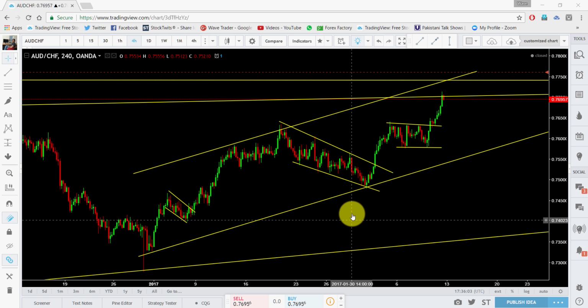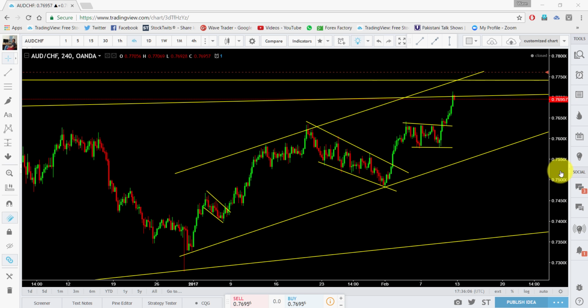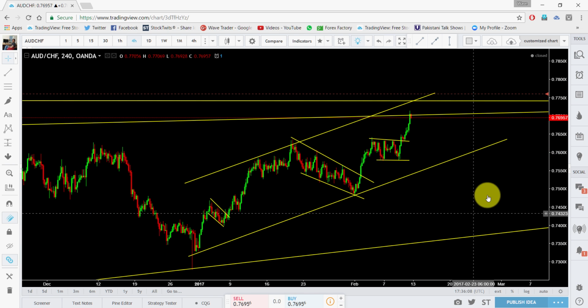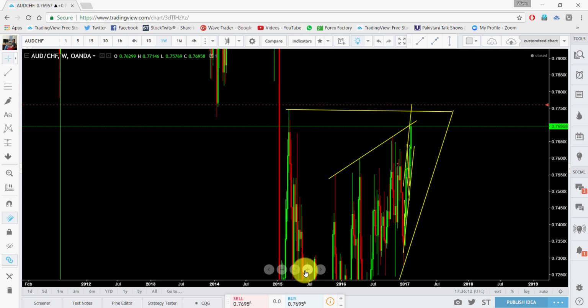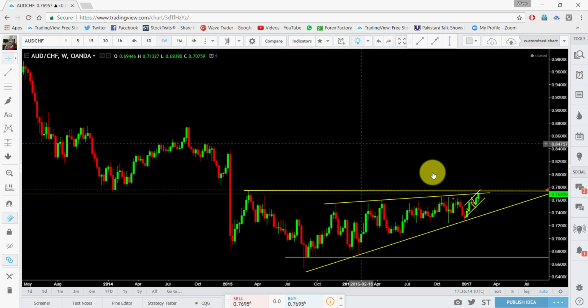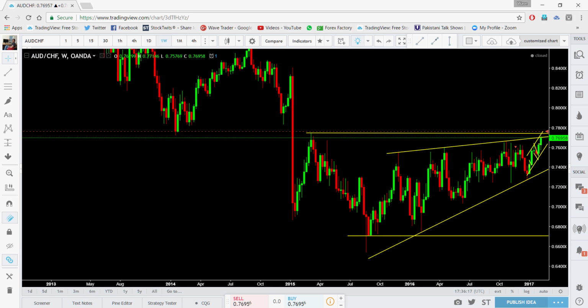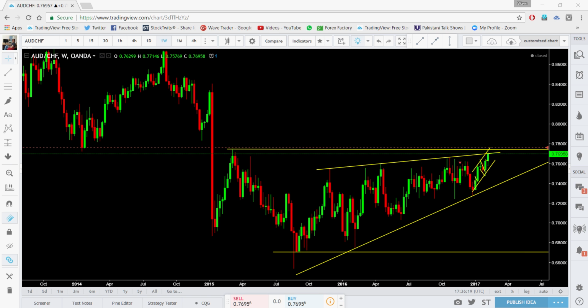So I'm still short on this pair. I'm not looking for a bigger change on this pair. We can see the impulse was very strong over there, then a sharp correction and it started to fall.